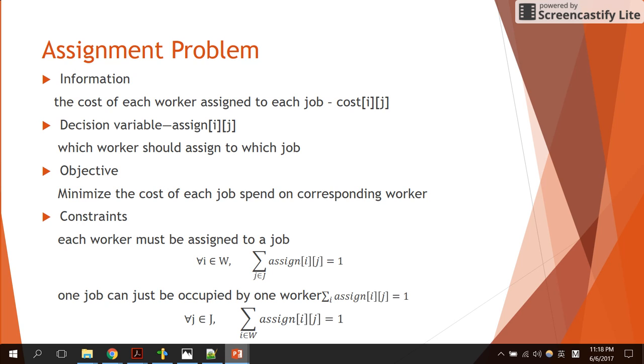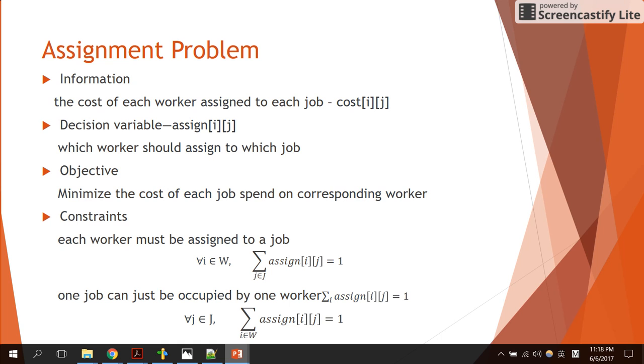Mathematically, for any i in workers, the sum of assign ij must equal 1. One job can be occupied by exactly one worker. Mathematically, for any j in jobs, the sum of assign ij equals 1.